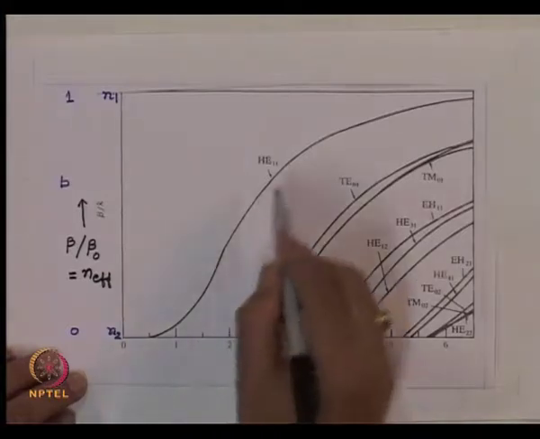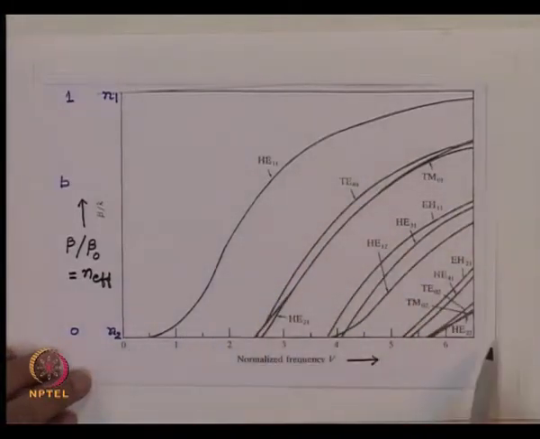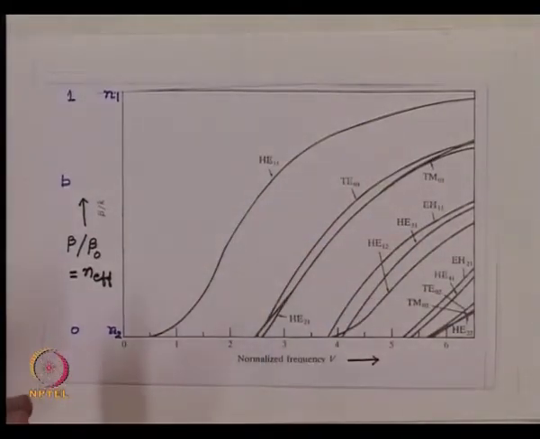For a particular mode, we can vary the V number and ask how beta varies. Essentially, you have to solve the characteristic equation numerically and get the value of beta for various values of V number. And note that the size or the refractive index of the core or cladding individually don't matter. What matters is the total together, what is called the V number.